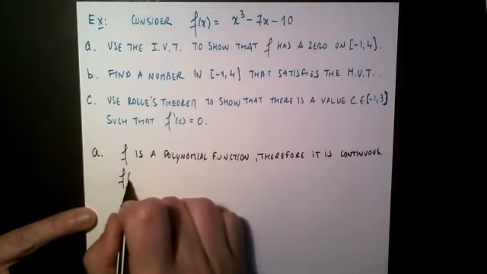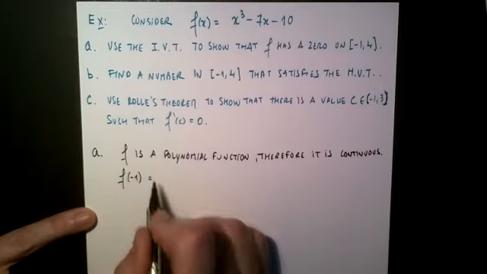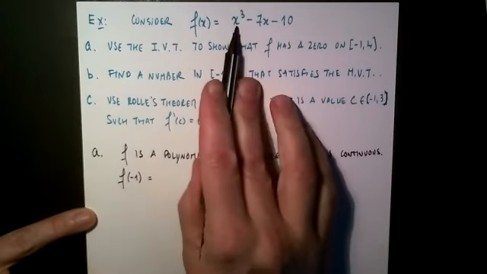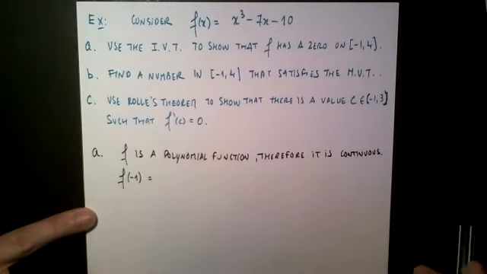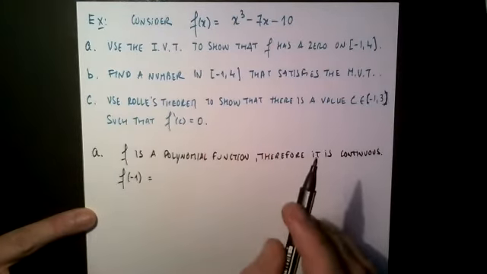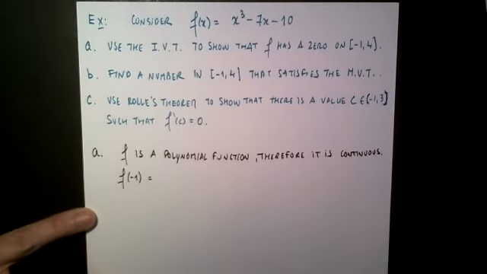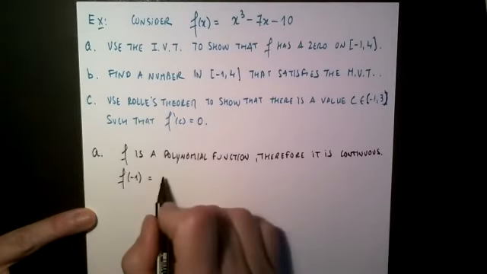Let's check the value of f of -1. If I plug in -1 here, what do I get? I get -1 plus 7 is 6, 6 minus 10 is -4.